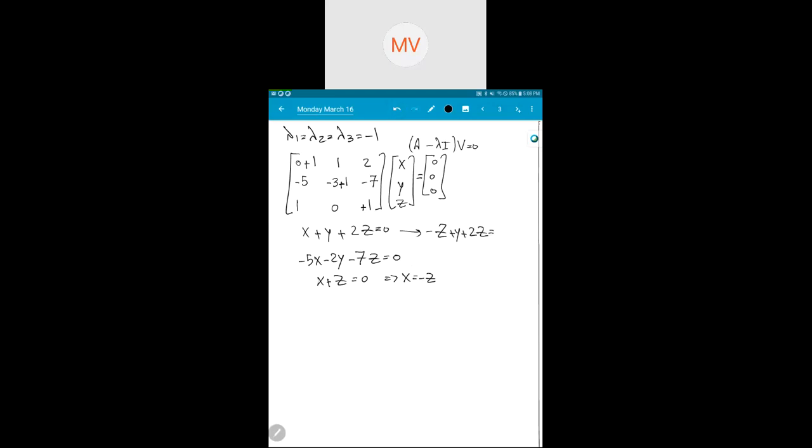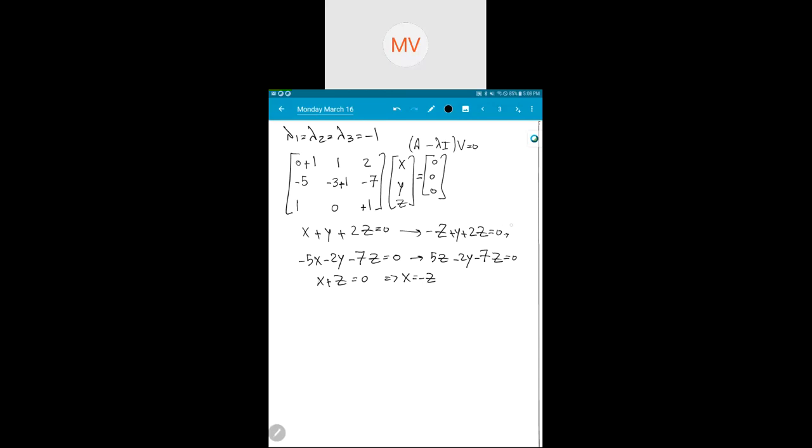Plus 2z equals 0. And this one tells us, okay, I'm plugging -z for x, so it becomes 5z minus 2y minus 7z equals 0. They should give us the same thing. Let's see. So what is this one telling us?